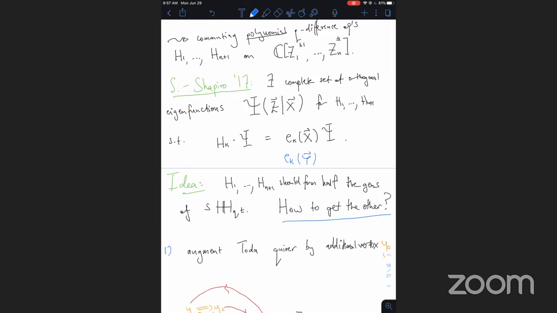The way we'll do it is of essentially identical flavor to the way we constructed the Toda operators. It's again going to use the combinatorics of directed networks and corresponding cluster algebras.